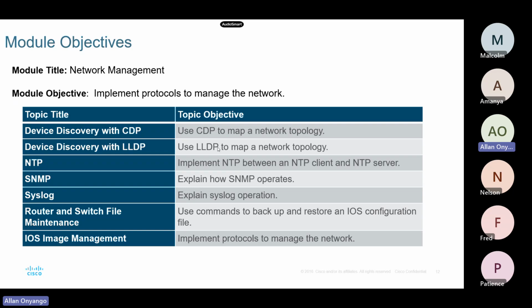And then we are also going to be talking about how to backup our configuration files and the IOS files, okay? And basically looking at some protocols that can be used to manage our network. So a couple of protocols here, very new, but majorly used for network management.